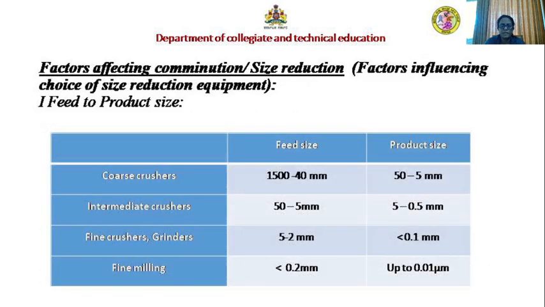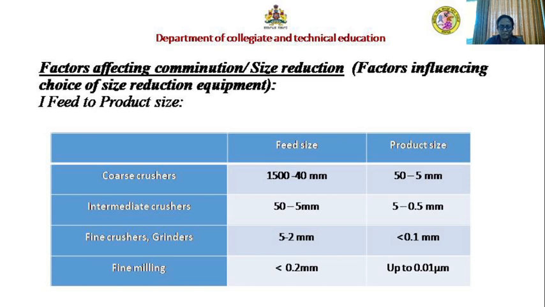Let us now understand the various factors that influence a comminution operation or size reduction operation. Whenever you have to carry out size reduction, which type of machine you select depends upon what size of particles you are starting with in the given material and what size of product you have to obtain after the operation.